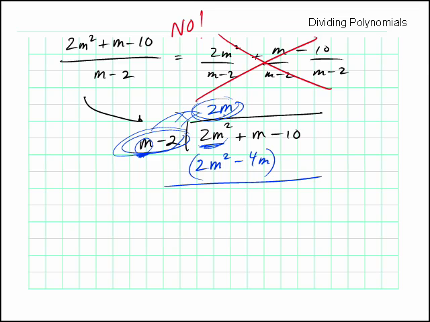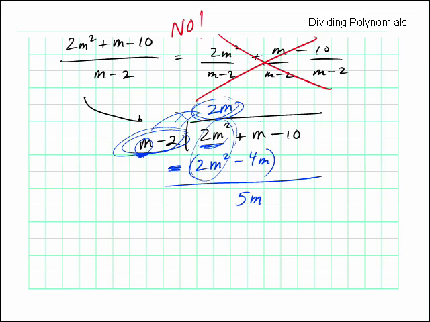Now, you have to remember to subtract the whole thing here. So this right here is going to cancel away. That's 0, and that's what we want. You always want that to occur. And this right here, if you combine that, keeping in mind this negative sign out here, is actually going to turn into a 5m.